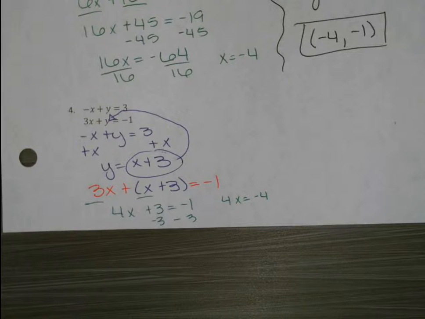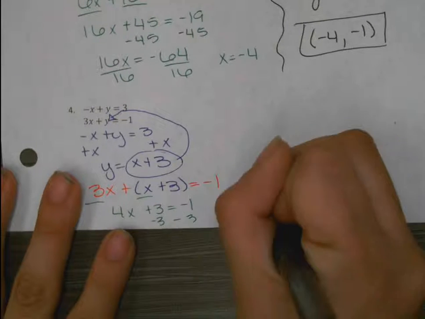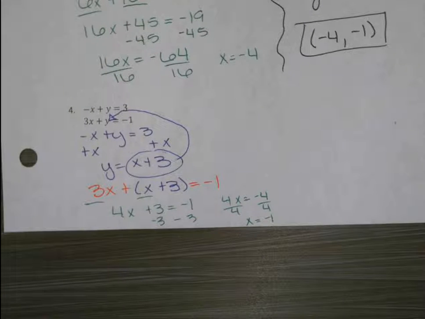Okay, then how do I get x completely alone? Divide by 4. So I get x equals -1. Am I done? No.